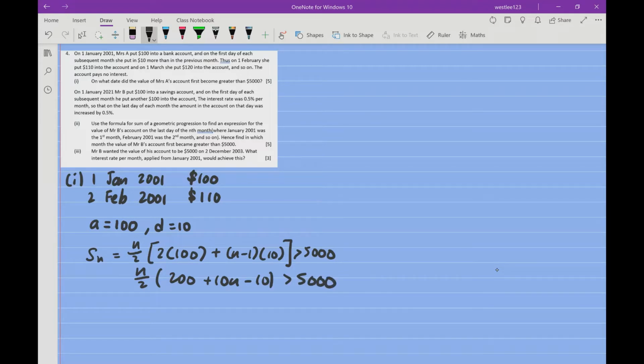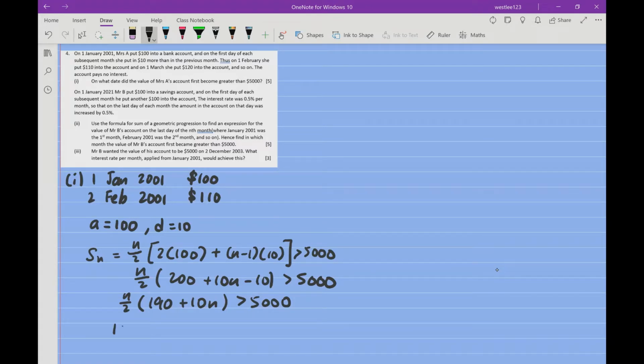So you have n over 2 (190 plus 10n) more than 5,000. Okay, so rearranging, you can bring the 2 over to the right hand side.